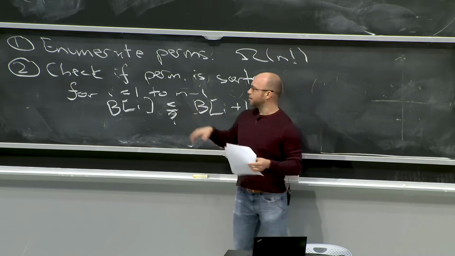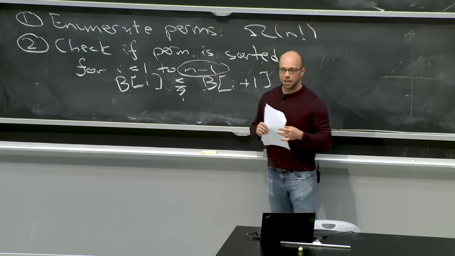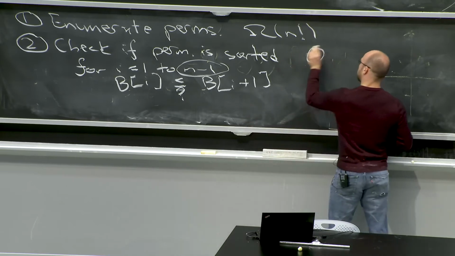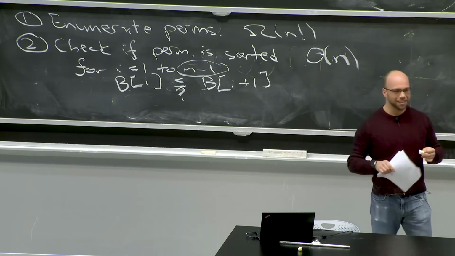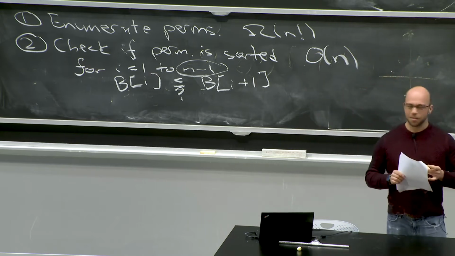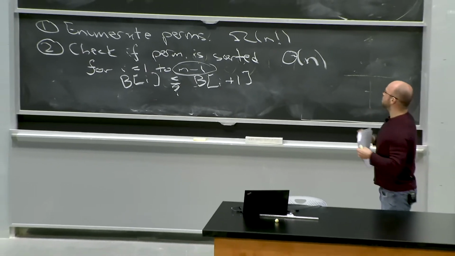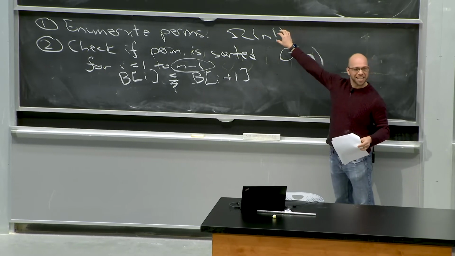So how long does this algorithm take? Well, it's kind of staring you right in the face, because you have an algorithm which is looping from 1 to n minus 1. So this step incurs theta of n time, because we've got to go all the way to the end of the list. So when I put these things together, permutation sort, remember that this check if sorted happens for every single permutation.